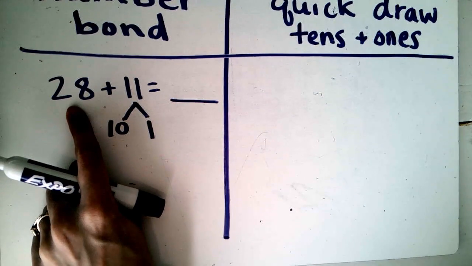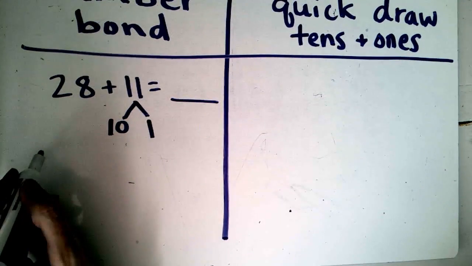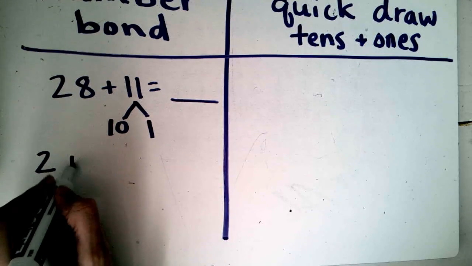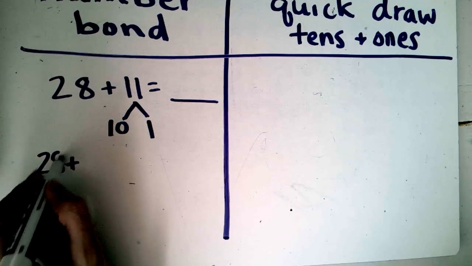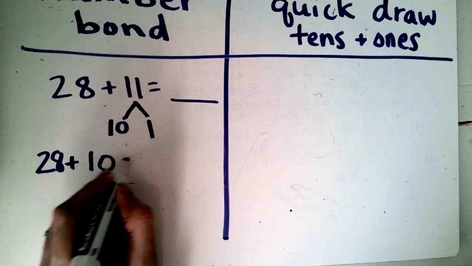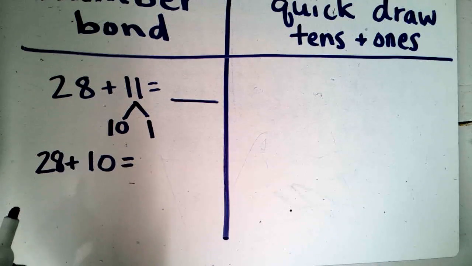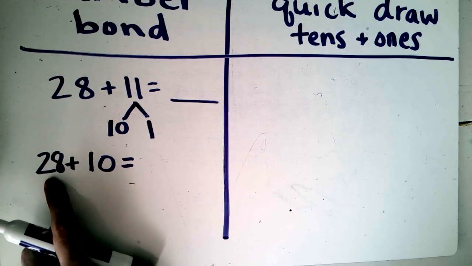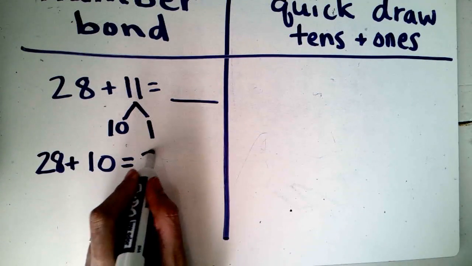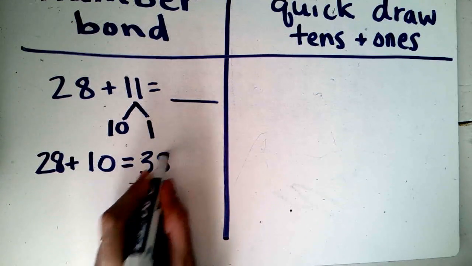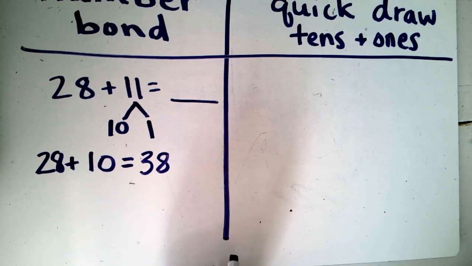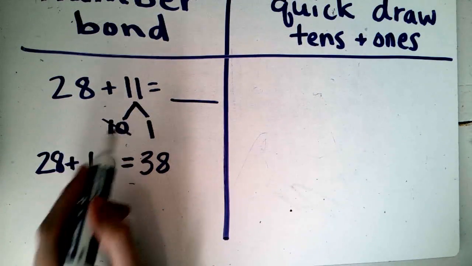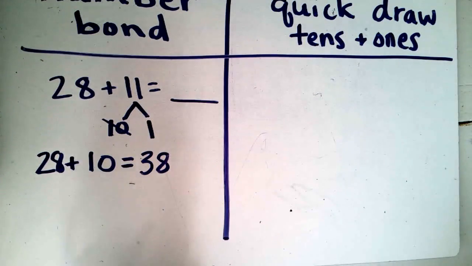Writing our first number sentence, we're going to take 28 plus 10 equals, well, if we have the number 28 and we add one more 10, then we will have 3 tens, 8, right? Yes. So we added that 10. Now we need to add what's left.